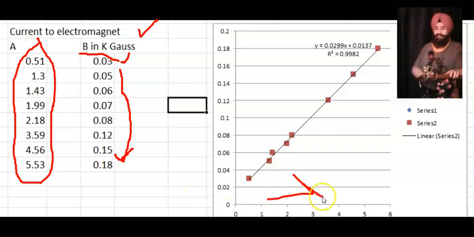Along this side, I have taken the current in ampere, and along this side, the field produced in kilogauss. The graph is exactly a straight line, and the equation of the line is also given. The data points are exactly fitted on the line.